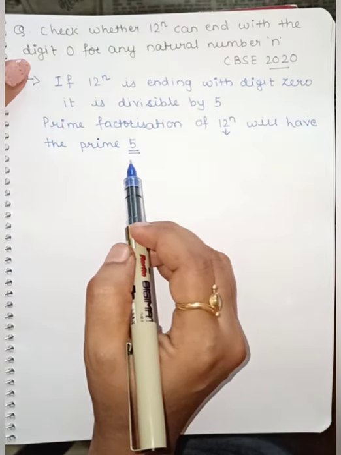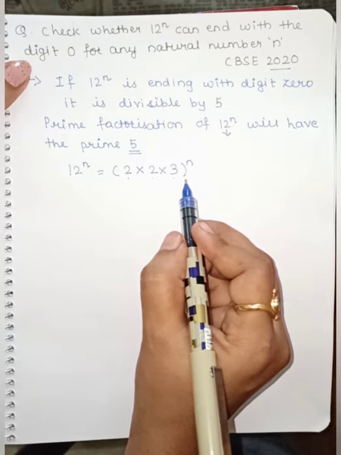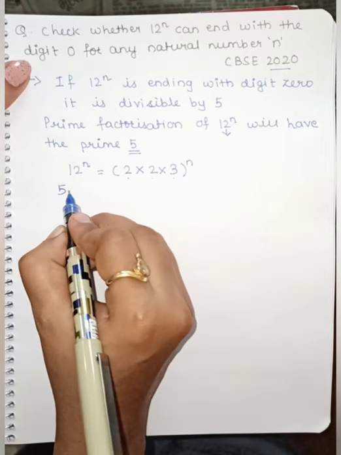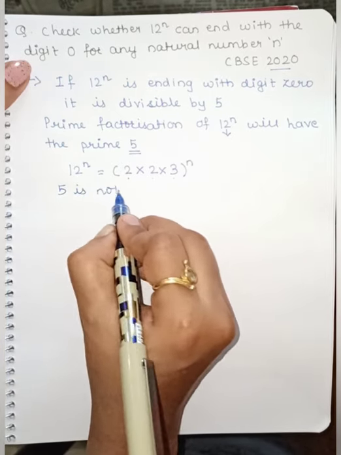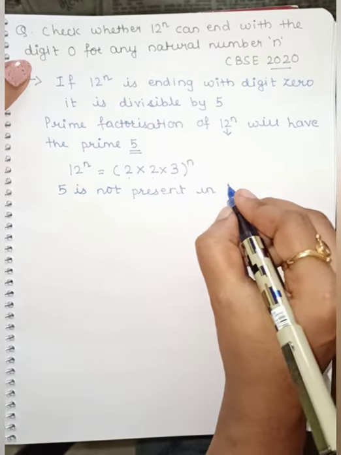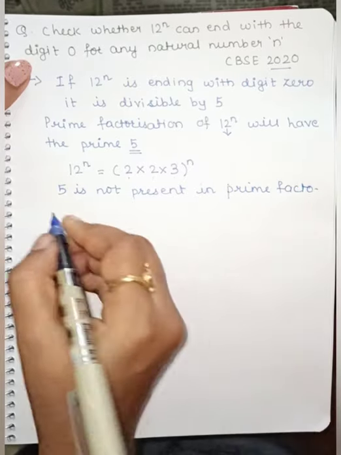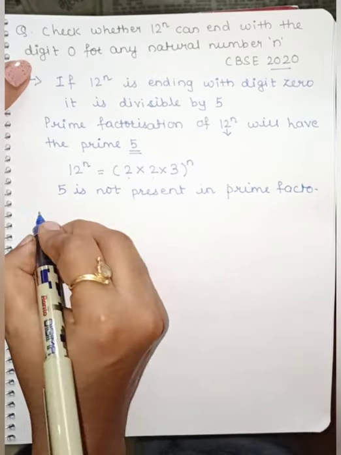As you can see, the prime factors of 12 have 2 and 3 as the only prime numbers, and they do not have 5 as a prime number in the factorization, which means that 5 is not present in the prime factorization of 12 raised to n.